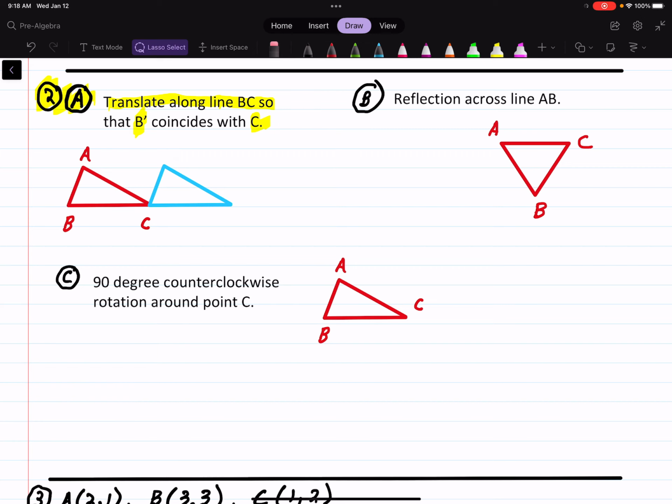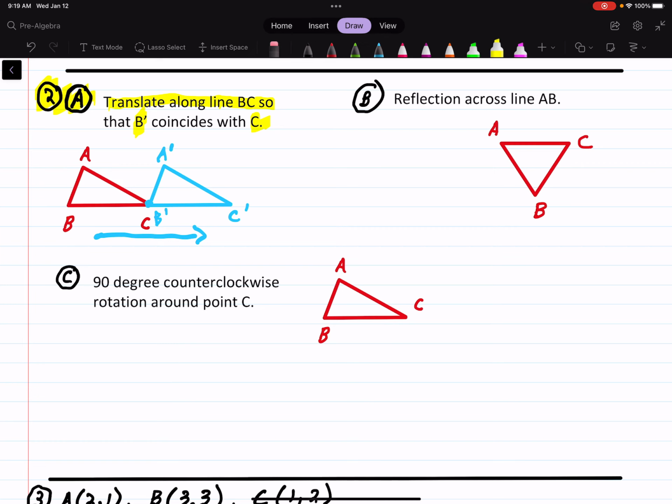All right, so now you can see that A prime has just moved straight across, and B prime is right where C was, so that's both point C and point B prime, and then C prime moved everything. So everything just moved straight along the line BC, and we realigned the B prime with the point C.